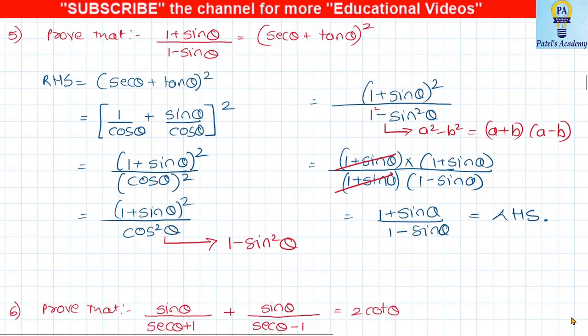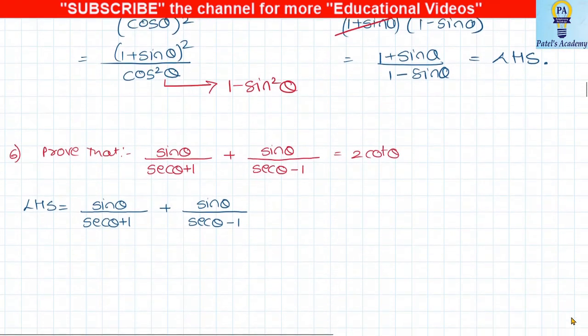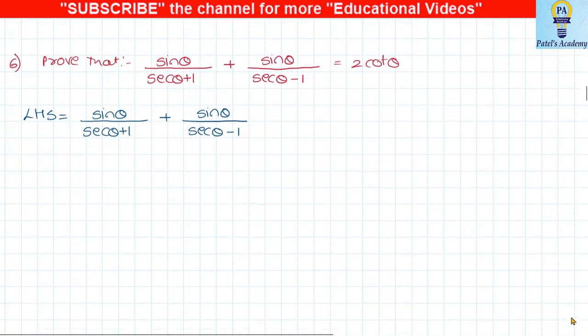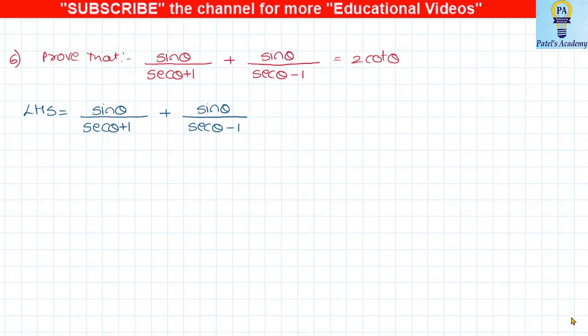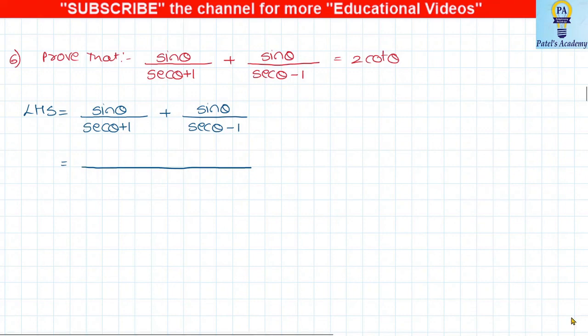Okay, so let's start with the sixth sum. We have taken LHS, and here we are just going to do LCM, or you can even convert first into sine and cos. Sine is already there, we have sec in the denominator, so without doing that, first I will do LCM here. When you do LCM, this term will multiply here, this term will multiply here, and these two terms will multiply in the denominator.